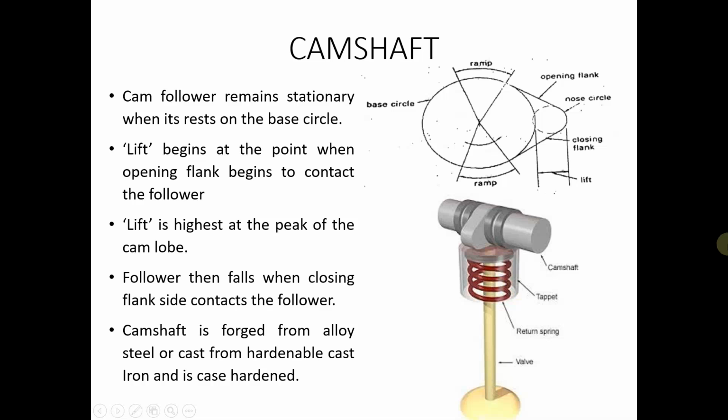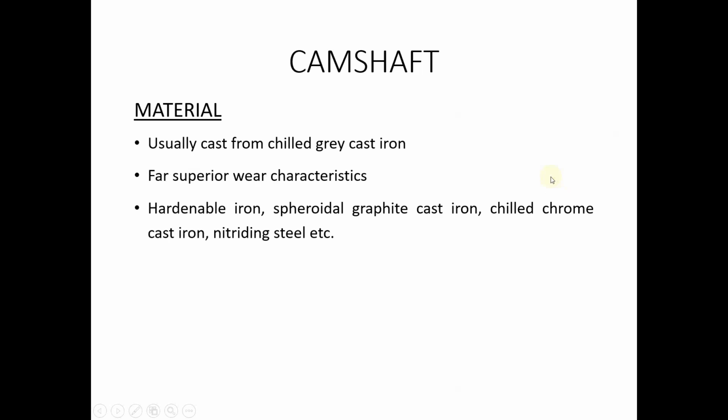This camshaft is usually forged from alloy steel, or it can also be cast from malleable cast iron or grey cast iron. Case hardening, which is a surface hardening process, is done on the different cams.